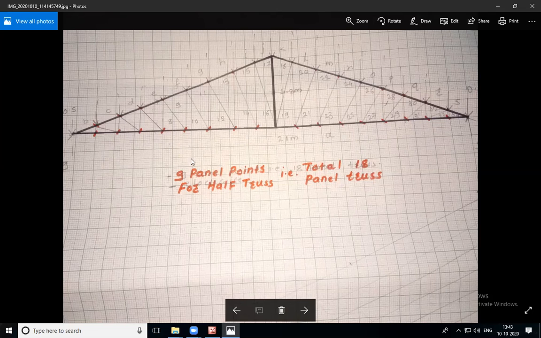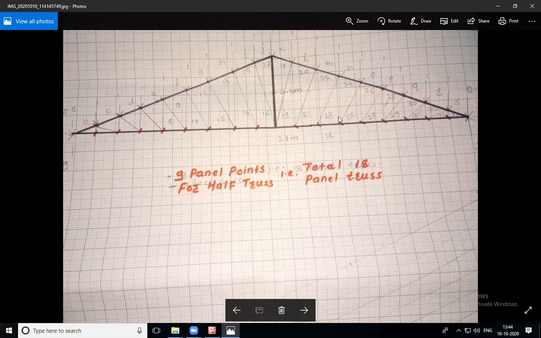Our truss is Pratt truss, so just draw vertical members, isn't it? After completion of vertical members, you will get the location of panel points on this inclined line, isn't it? On this inclined line, you will get the location of that particular panel points.